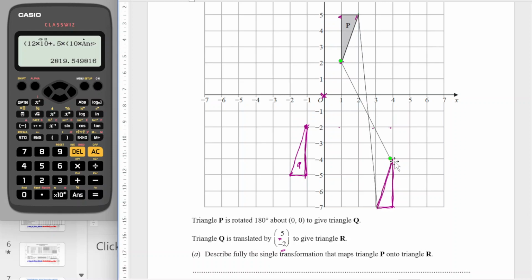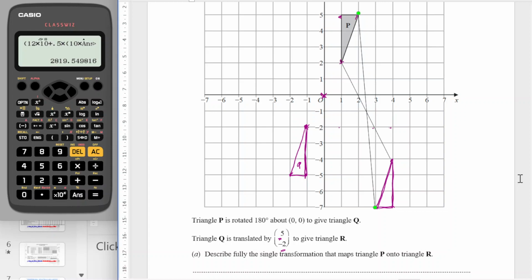I'm just going to move this one slightly better placed, and I could do that for all of them. I've not drawn it particularly accurately, so my diagram looks slightly out.